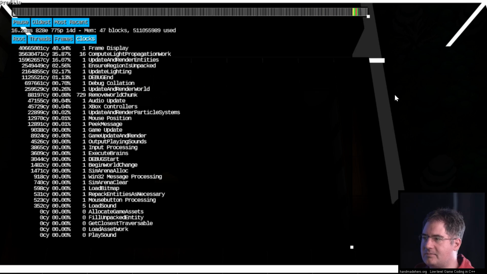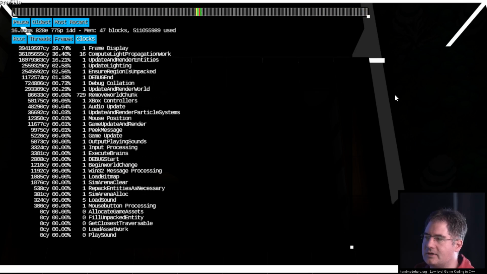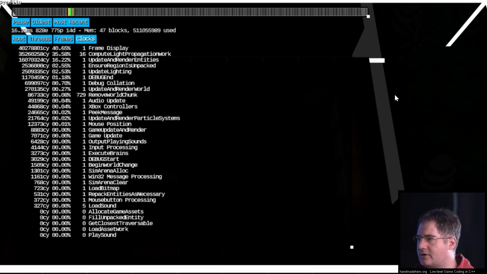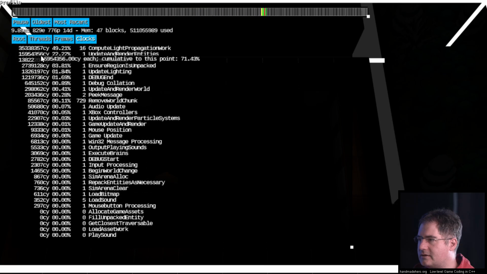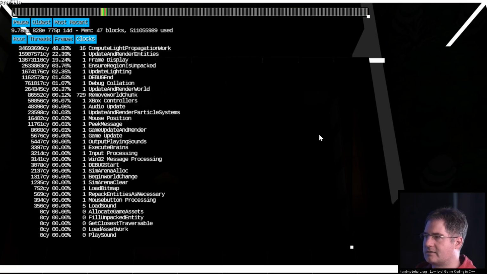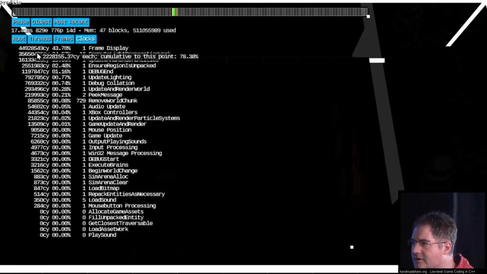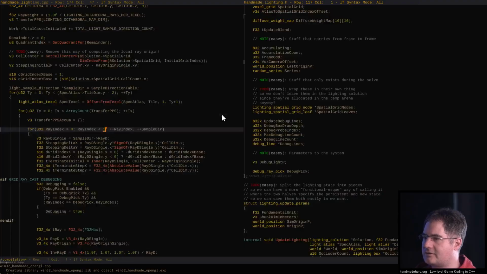Maybe a ton, maybe not. I don't really know. So yeah, compute light propagation work, how much does that go down by? Like, that's around 30 million cycles, is that right? Comma, 30 million cycles.